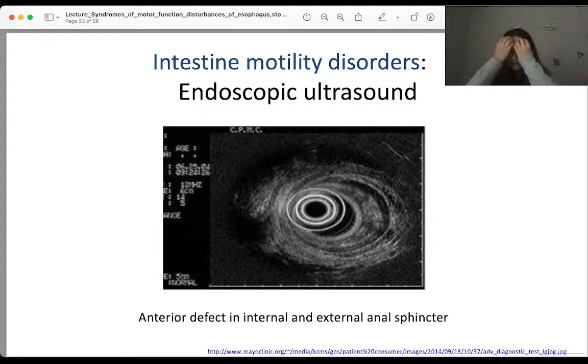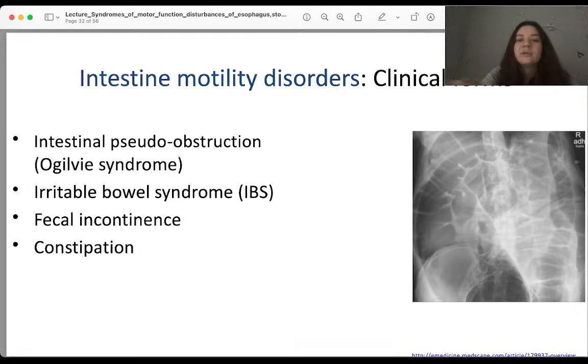Among the usual methods, I can show you, for example, on the previous slide a typical simple abdominal X-ray, and you see that the intestine is very widened. It contains a lot of stool.